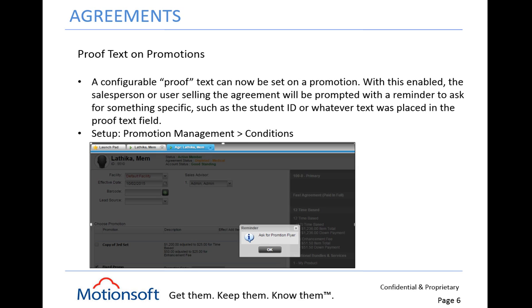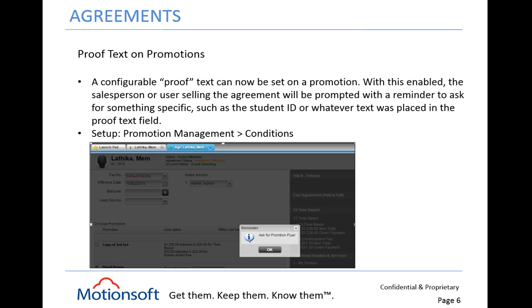So if you have promotions for military, for police and fire, if you have a promotion that's only redeemable with a mail-in flyer that you got, and these are all things that you want your sales reps to make sure that they collect, this is where you'll be able to configure that today.